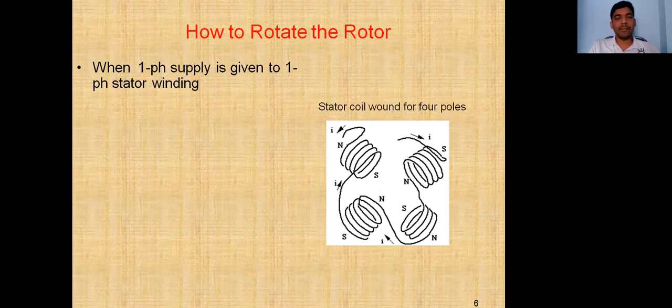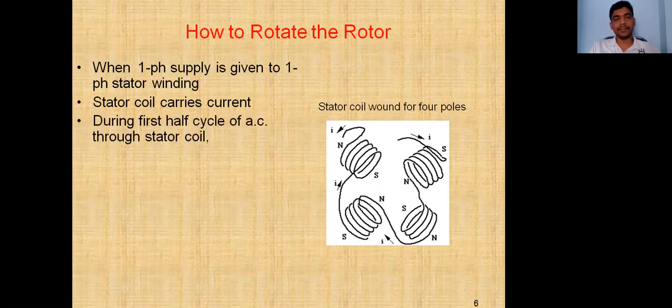When a single phase supply is given to the single phase stator winding, the stator coil carries current.